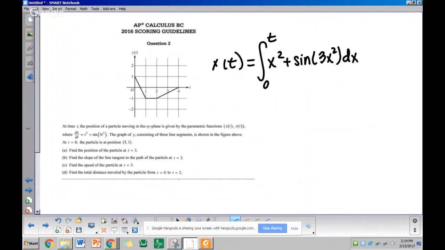When time is 0, I get 0, so I need to get 5, so I'm going to put plus 5. So I've got my position function.